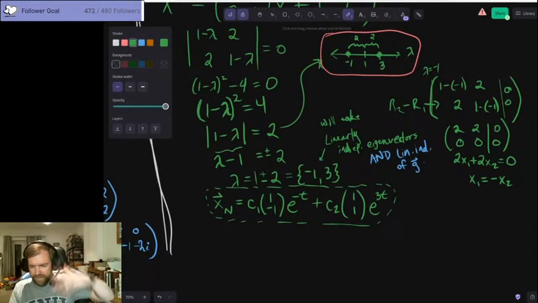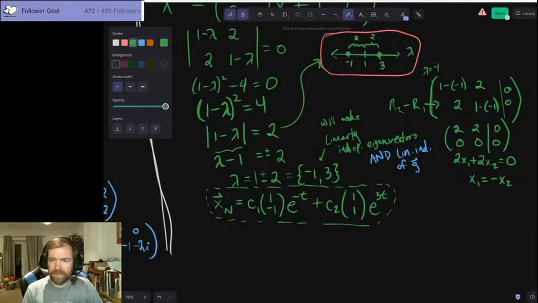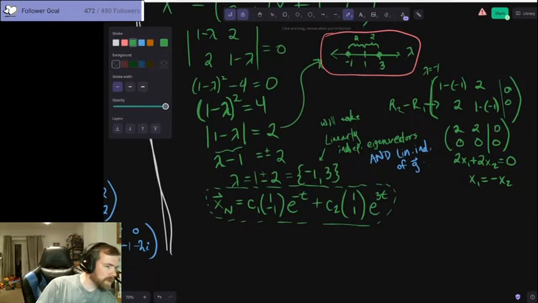No, I mean I think this is going to be interesting. I guess where are we going with this content? On Wednesday, in the next couple classes, we are going to talk a bit about locally linear systems.